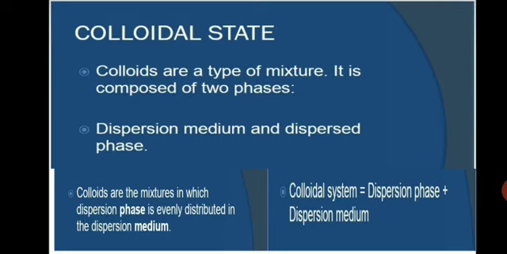Just as in the case of a true solution, substances belonging to all three types of matter can act as a dispersed phase, that means it can be solid, liquid or gas, or as a dispersion medium, depending upon the relative amounts or proportion.